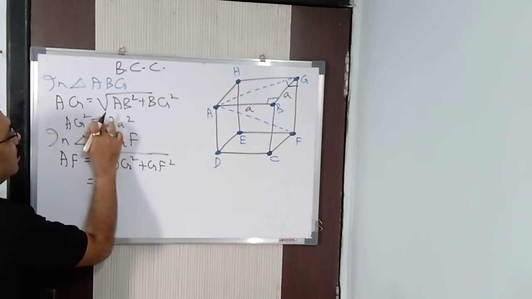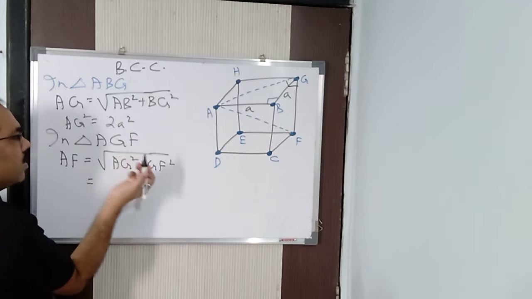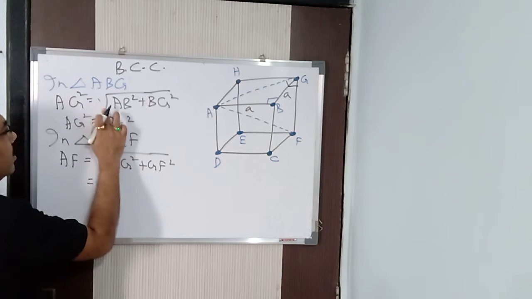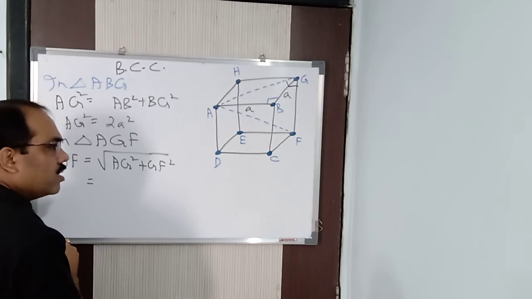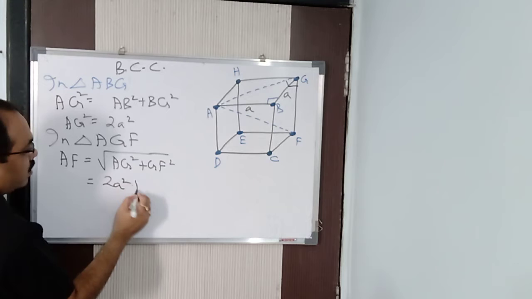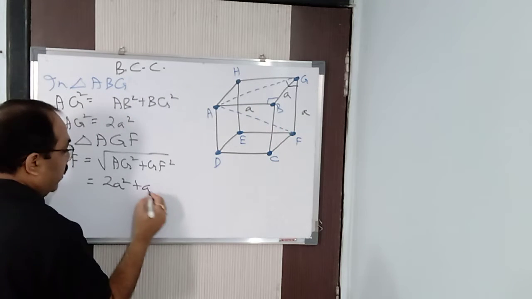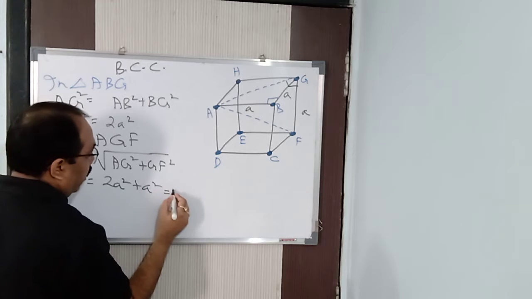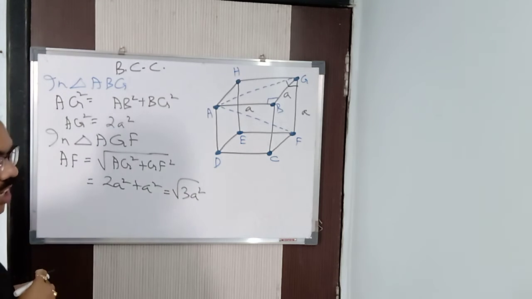AG square is nothing but 2A square. Mind it, AG square will be nothing but AB square plus BG square. That also you can see as you wish. So AG square will be 2A square. So 2A square plus GF square, and GF is again A, so it is nothing but A square. So how much did we get? We got AF equal to root 3 A.